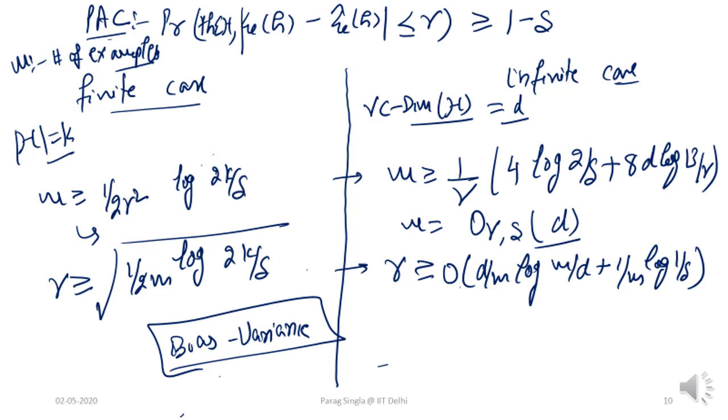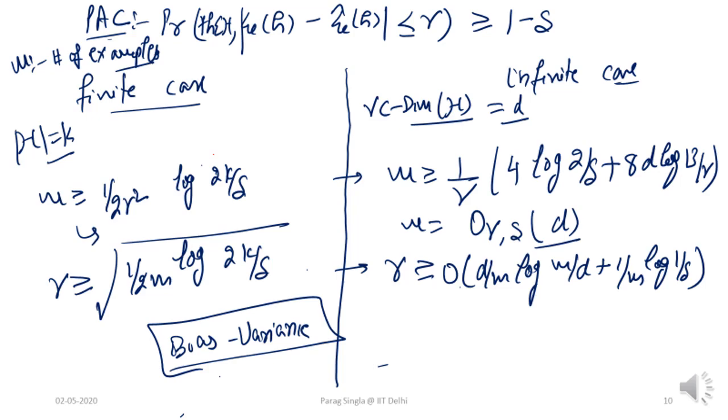Remember that the PAC learning bounds we gave earlier were of the form: the probability that, for all hypotheses in my hypothesis class, the difference between the generalization error and the training error is less than or equal to gamma, I would like this probability to be more than 1 minus delta. These were the kind of bounds we stated in the last couple of lectures.